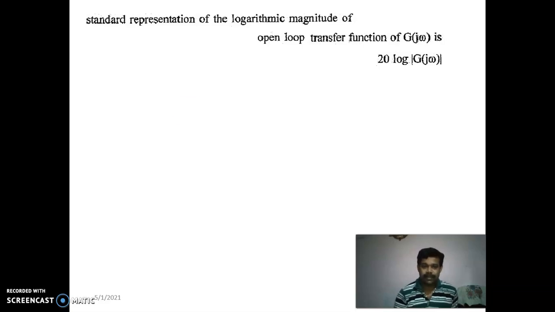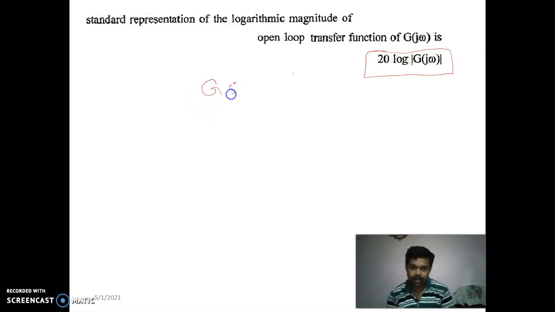So the standard representation of logarithmic magnitude of open loop transfer function is 20 log |G(jω)|. This is the standard representation of magnitude of open loop transfer function. The open loop transfer function is G(s). In the place of s, if you put jω, then you will get the sinusoidal transfer function.